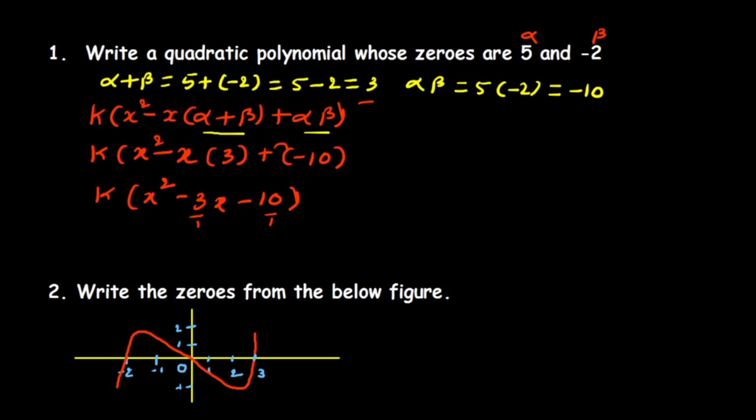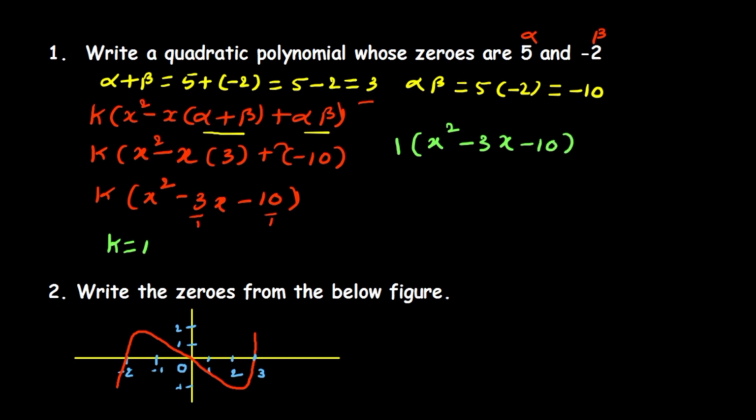That means the denominator, if you want to take only 1, then you can take k equal to 1. Okay, so if I take k equal to 1 in this, then 1 into x square minus 3x minus 10.